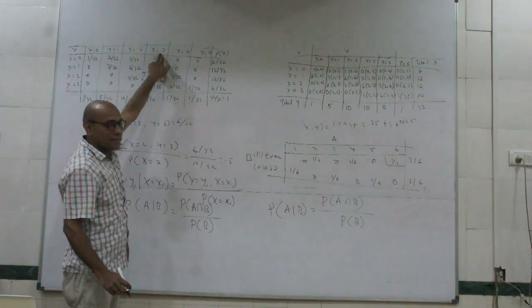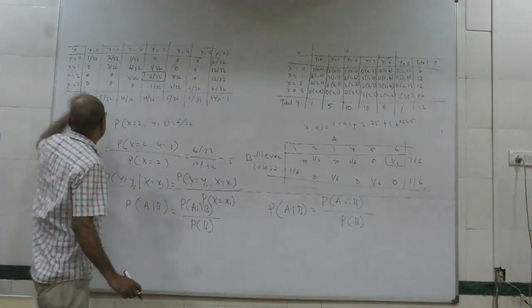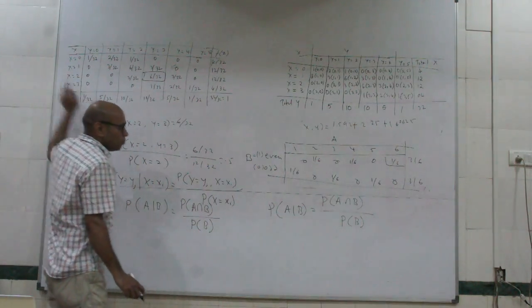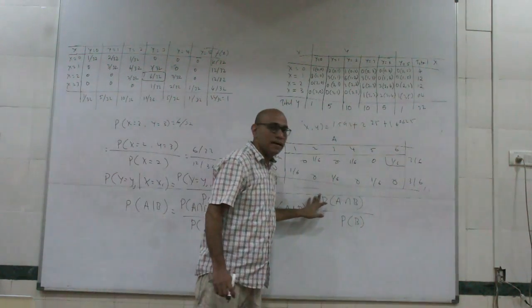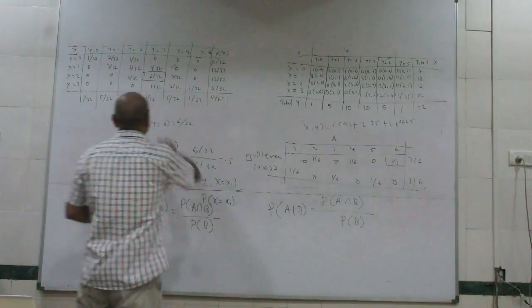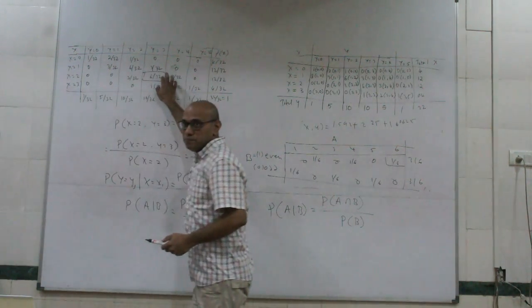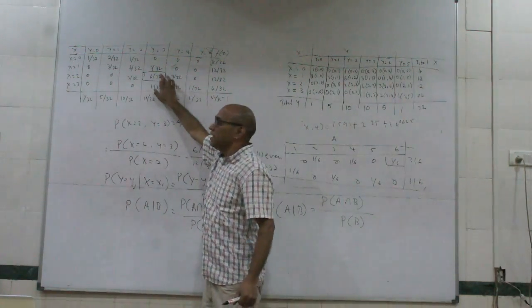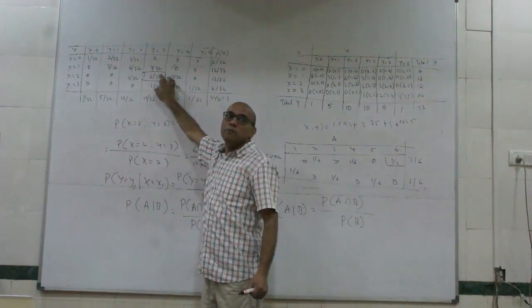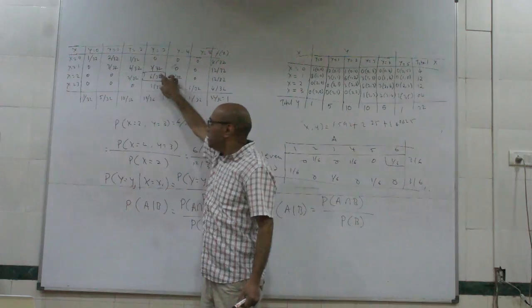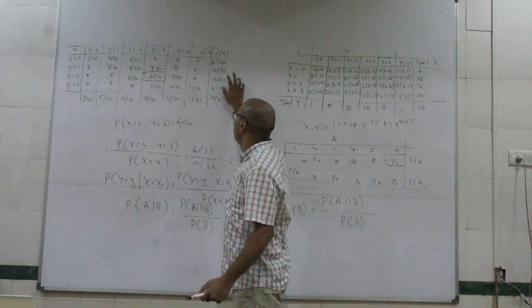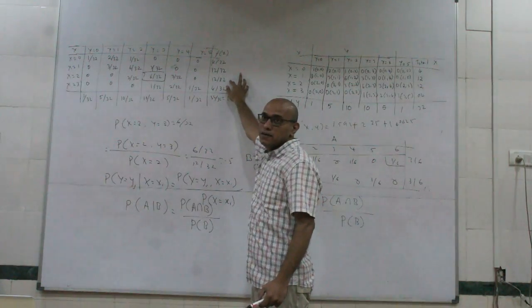The probability that y will take a value 3, given x has taken a value 2, is the probability of A intersection B, where both A occurred and B occurred. That is 6 by 32 divided by the probability of B.